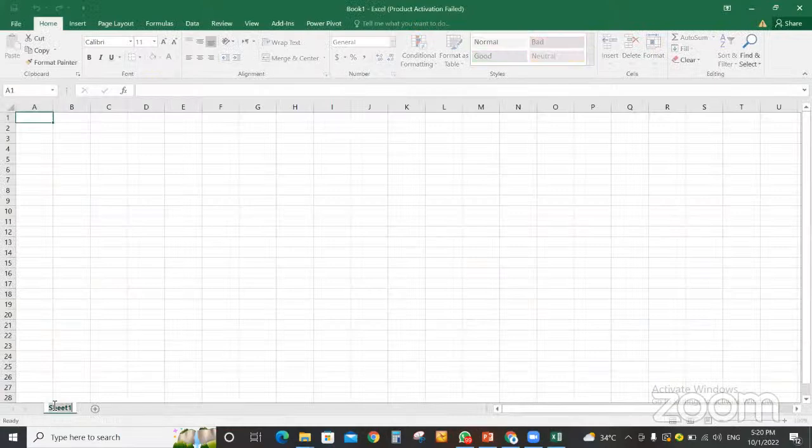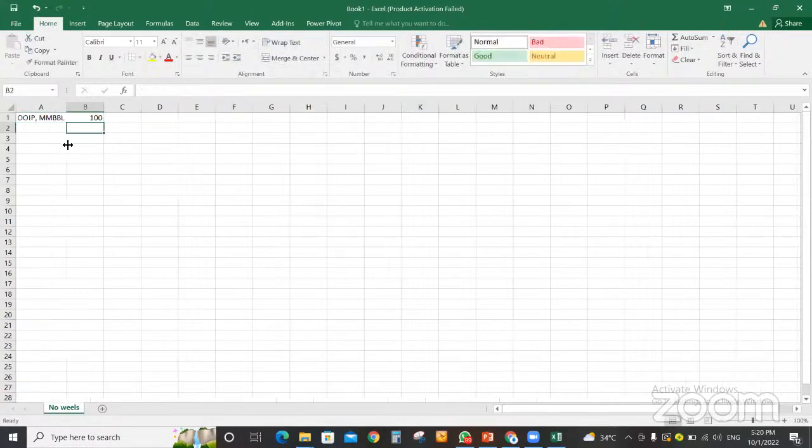Then the first tab, we will call it number of wells. The oil in place is 100 million barrels. The recovery factor is 20%, so the total reserve is equal to 100 million oil barrels multiplied by 20%.